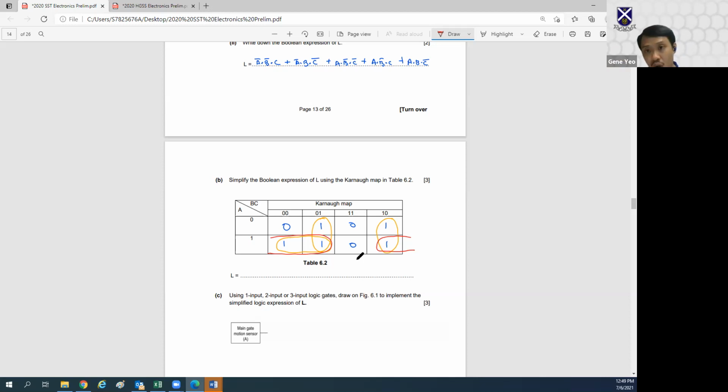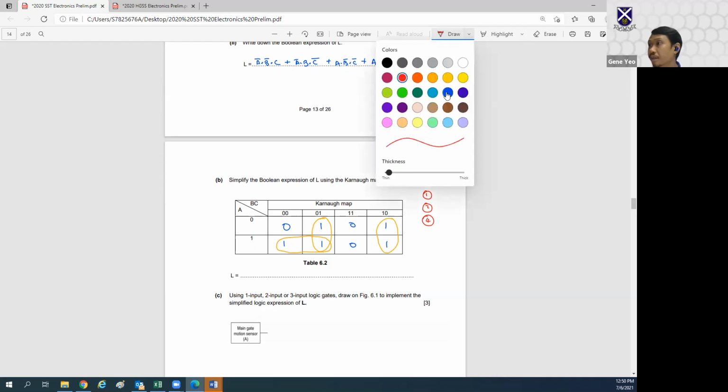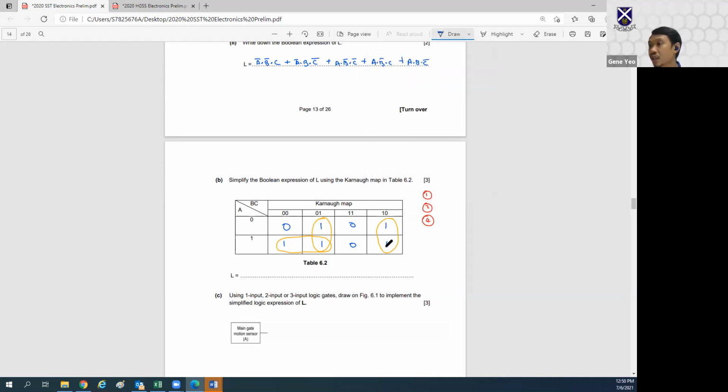However, this is also wrong because I also told you that groups must be groups in 1s, 2s, or 4s. Okay, you do not group in terms of 3. So this is also wrong. Okay. So these are my 3 groups. Okay.